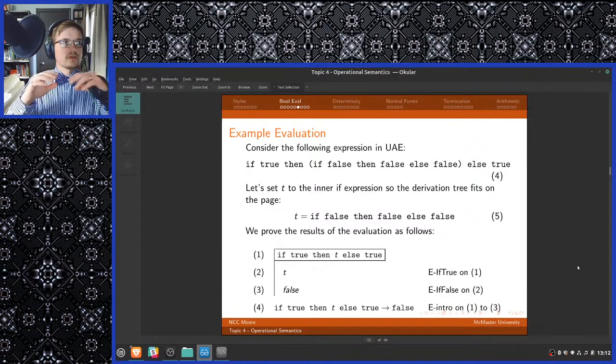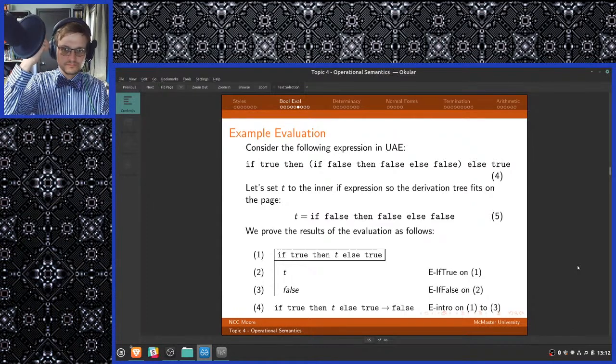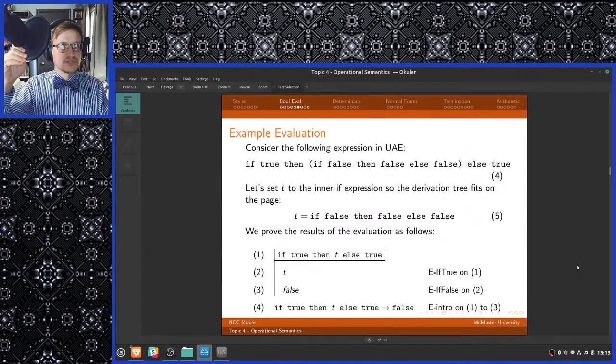So to show that one term may be derived from another, that can be proven now using deductive logic. You can prove it now with something approximating a natural deduction style proof, which is what I'm doing here.